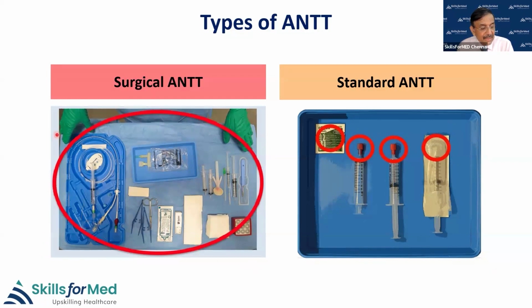You can create it, and in that, you place all the sterile equipment, even without covering them. It does not matter because this area is a large sterile field. Whereas in standard ANTT, you can't do that. You need to protect the key parts while placing them in the general aseptic field.